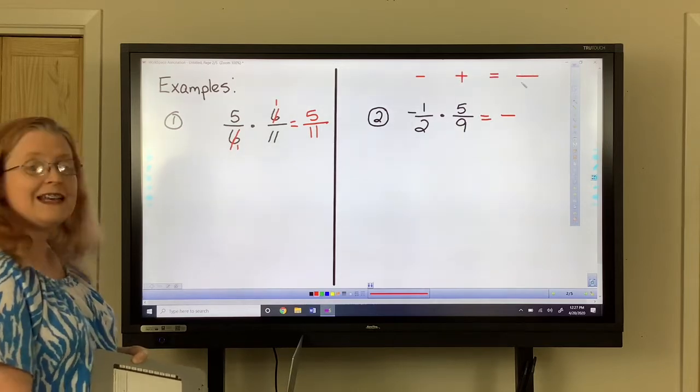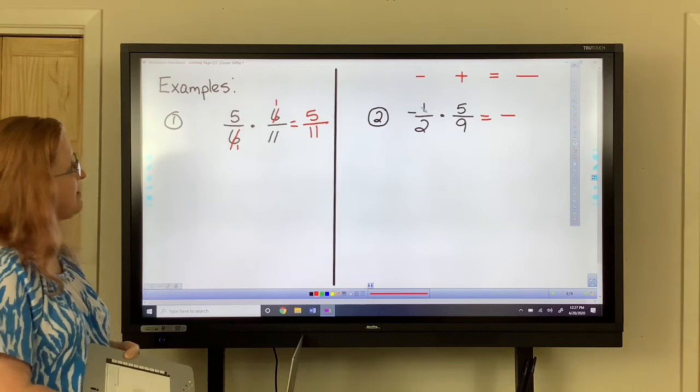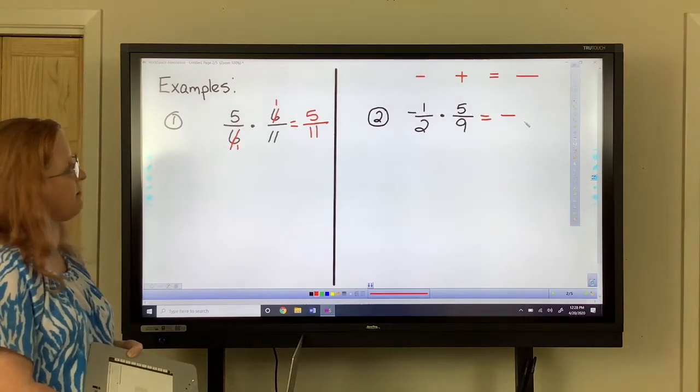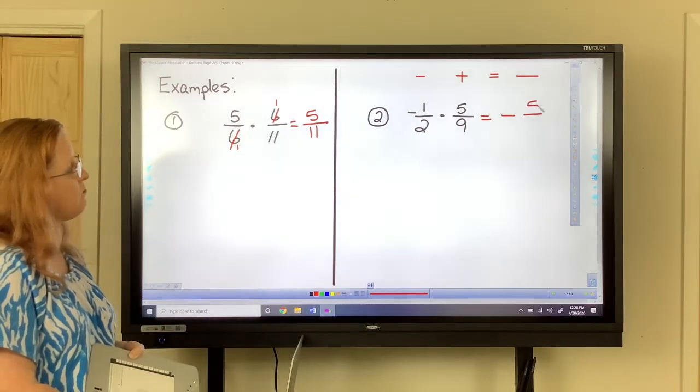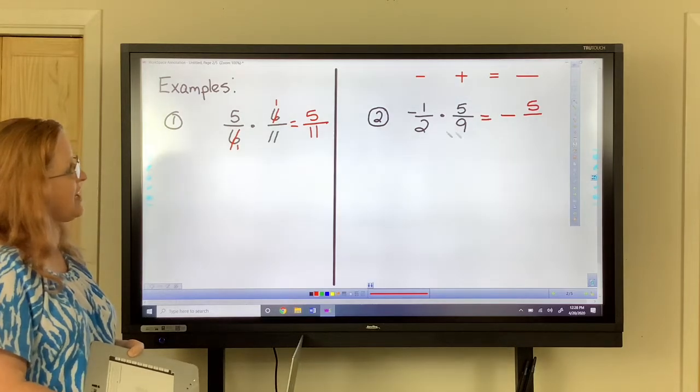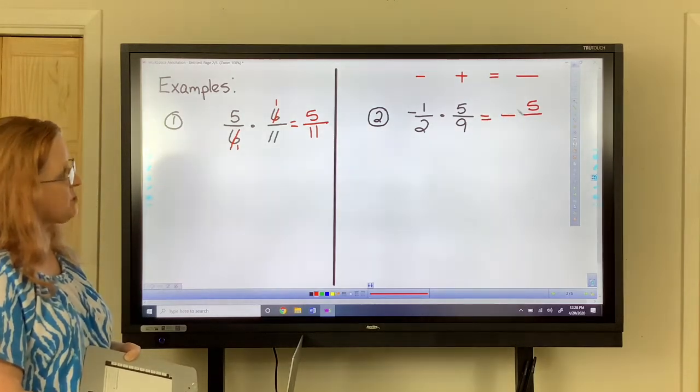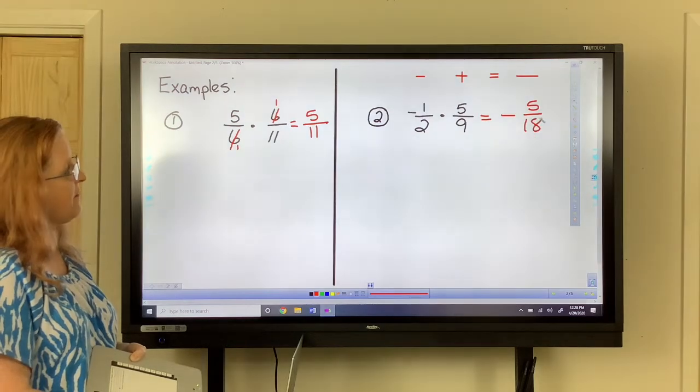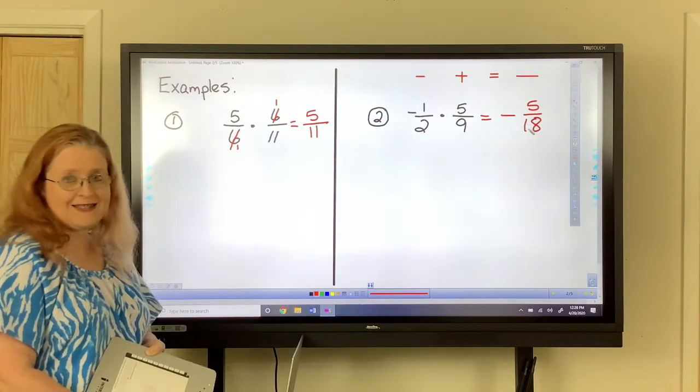So I'm going to get a negative answer. And so 1 times 5 is 5. And then 2 times 9 makes this problem a negative 5 over 18.